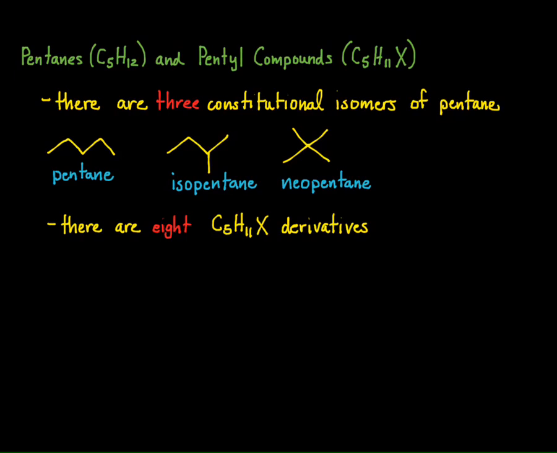But one of the reasons why I want to take a look at pentane is to think about the different types of carbons. So here I have pentane, and pentane has 3 different types of carbons. Take a moment to see if you can figure out the 3 different types of carbons.